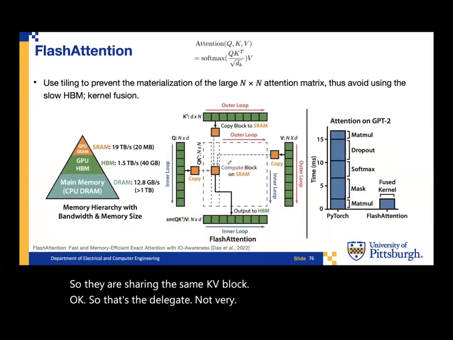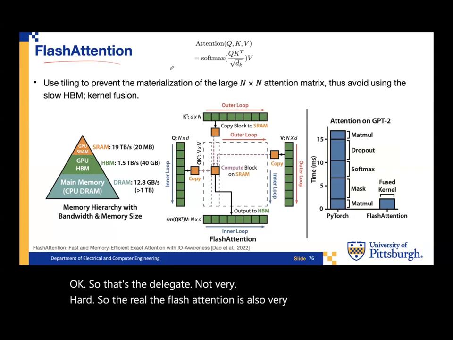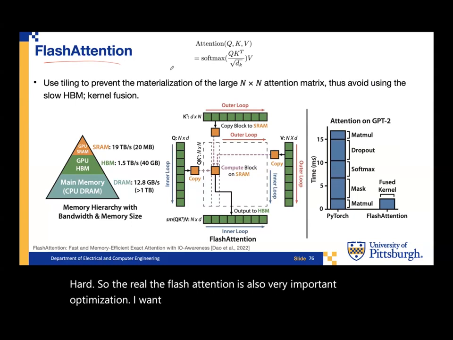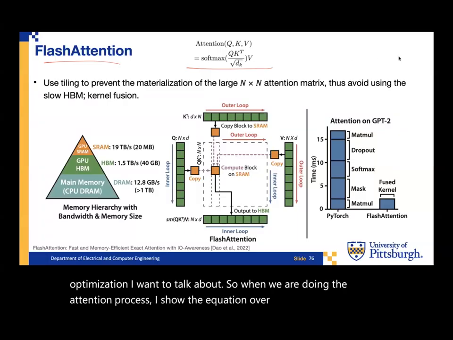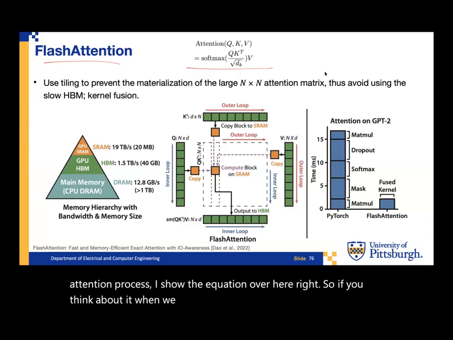The FlashAttention is also a very important optimization I want to talk about. When we are doing the attention process, I showed the equation over here, right? The whole process goes like this.